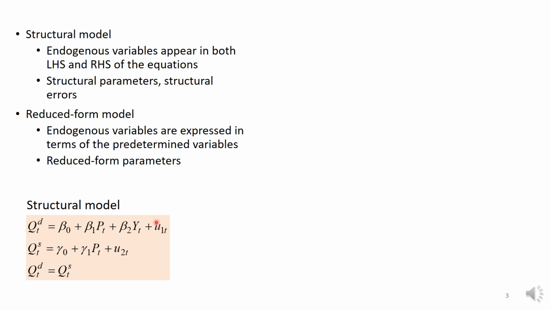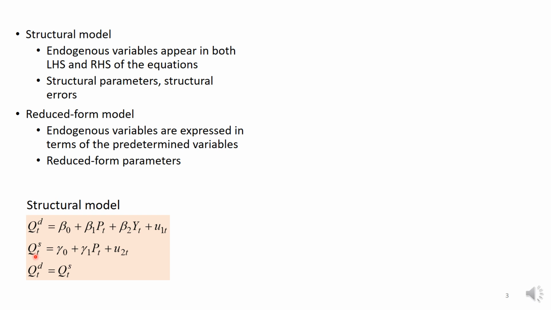So what we want to do here is rewrite these equations so that our demand equation, for instance QD, is just a function of your predetermined variable, income Y. Similarly for the supply.